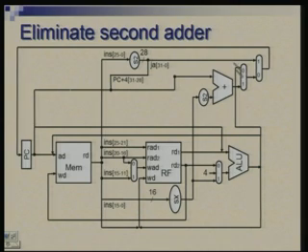Now, we eliminate the second adder, this one will be moved away, and its inputs again brought to the same ALU. So, we have this output from PC, which is already coming to this. That actually will not bother us, that is already there. The second operand is coming from the offset eventually, and that would be brought to this multiplexer. The output from here will have to go to this multiplexer.